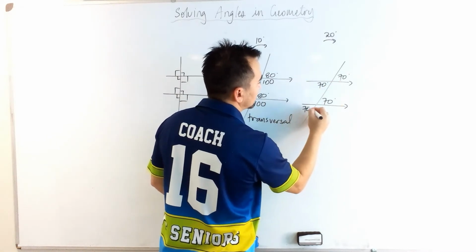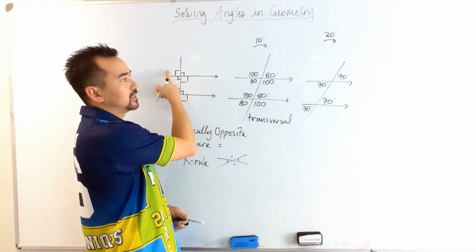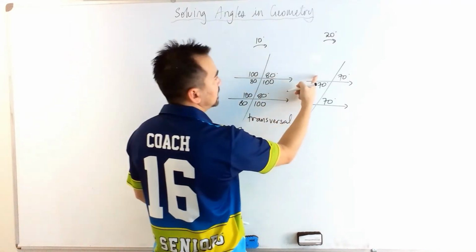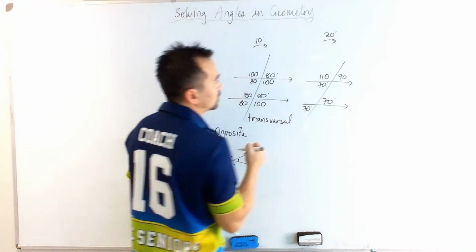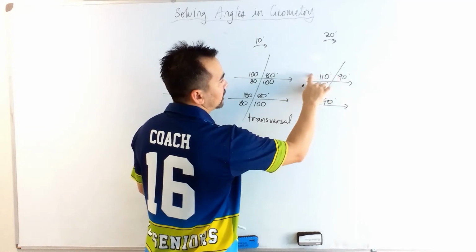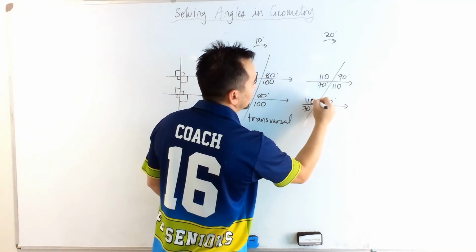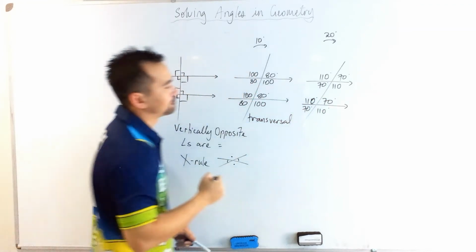This is acute, which is 70. And this angle here used to be 90. It gained 20. It's now 110 degrees. 110 plus 70 makes 180. And the vertically opposite rule says this is 110, this is 110, and this is 110.